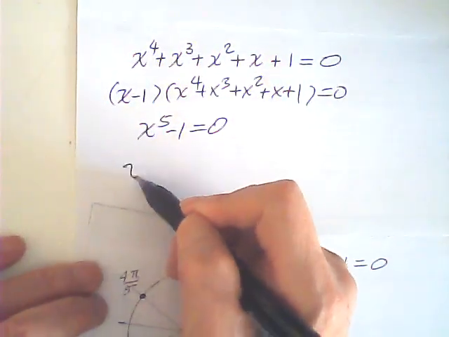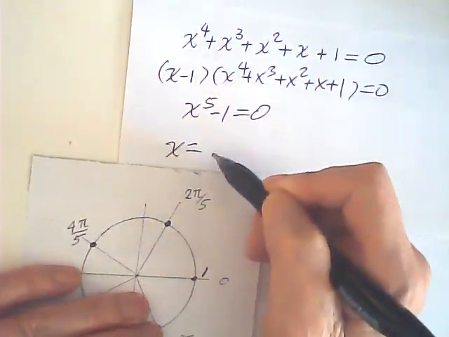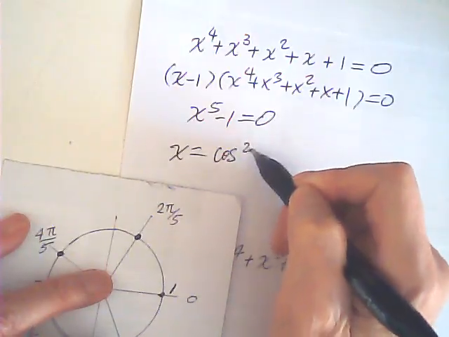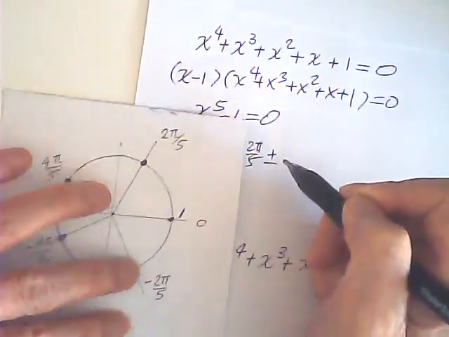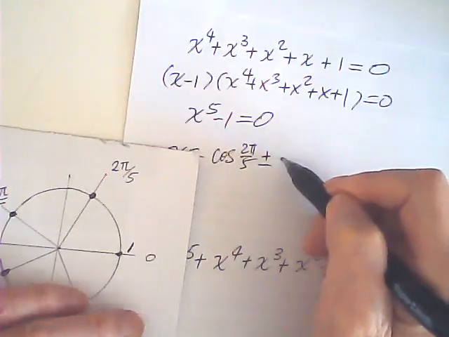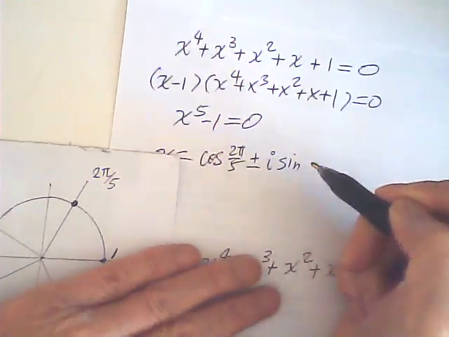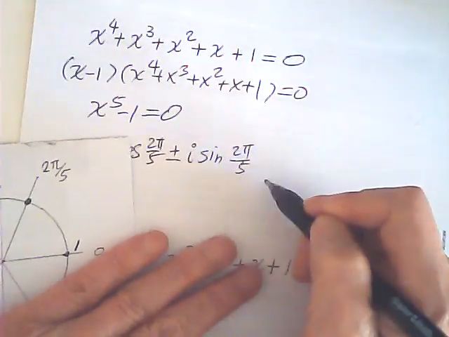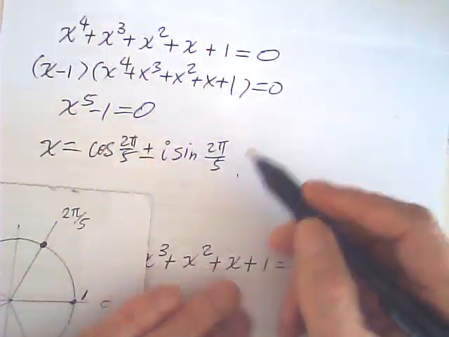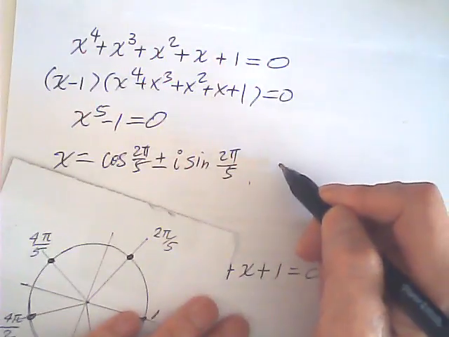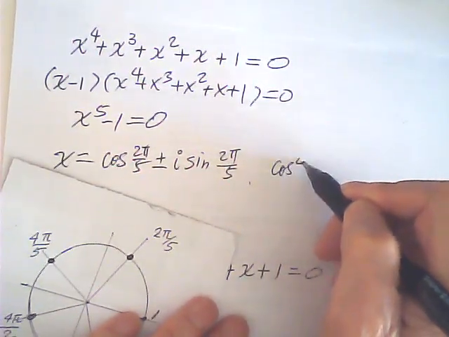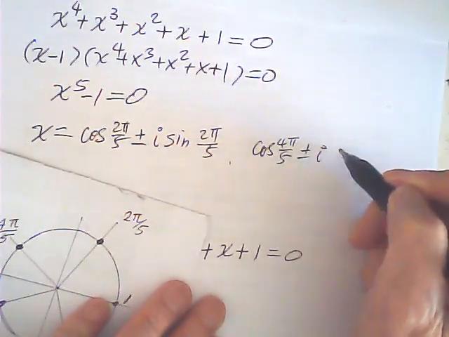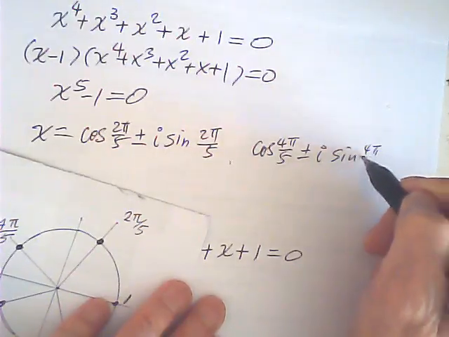So namely, x is equal to cosine 2 pi over 5 plus or minus I sine 2 pi over 5, and the other two are cosine 4 pi over 5 plus or minus I sine 4 pi over 5.